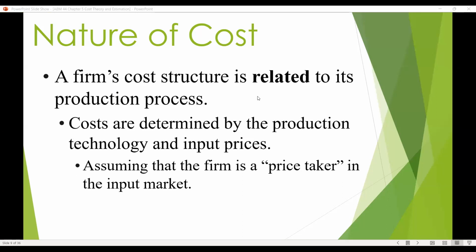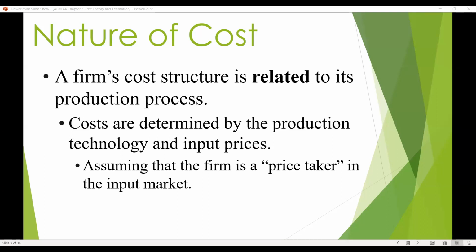So, a firm's cost structure is related to the production process. So, if you know your cost structure in your business, kabalo ka unsa tong mga cost nga present sa imong business. We have what we call the explicit cost and implicit cost.